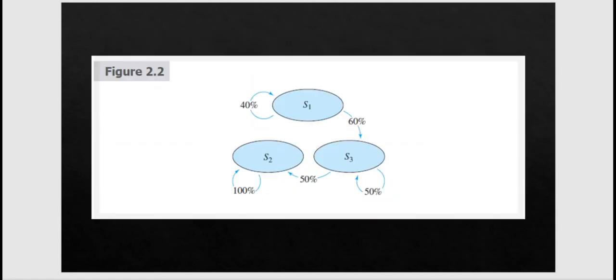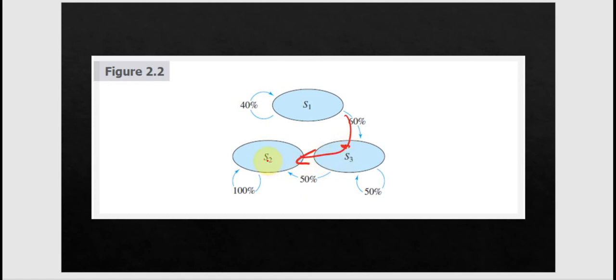So now, look at this. Can I go from S1 to S2? Yes, but it takes 2 iterations to get there, right? And then, can I go from S3 to S2?